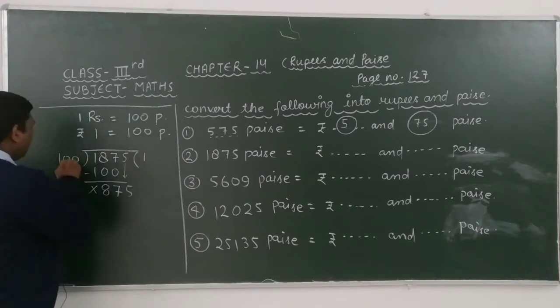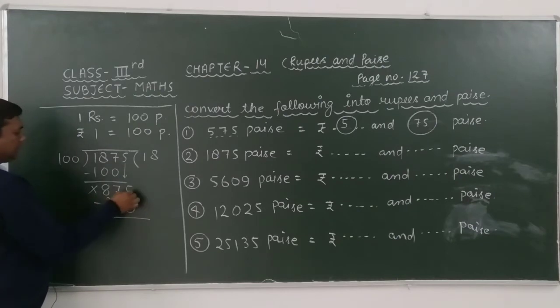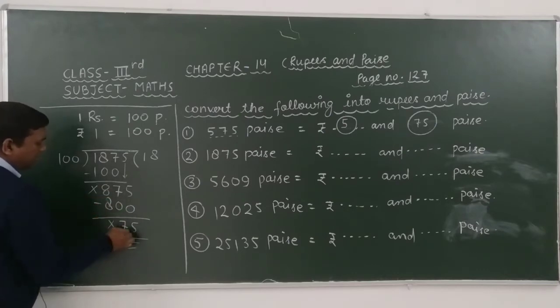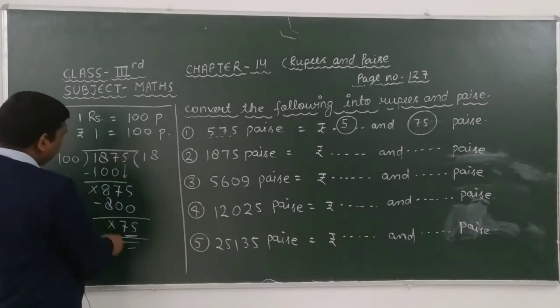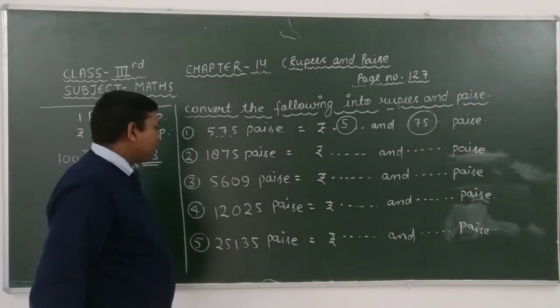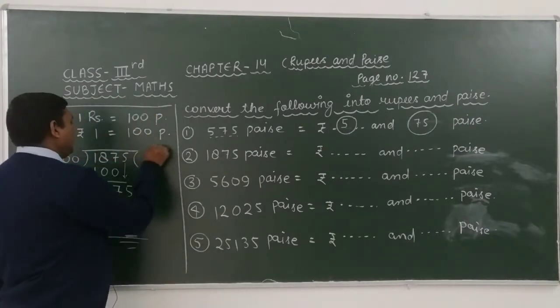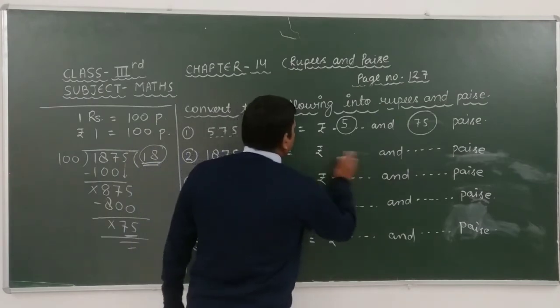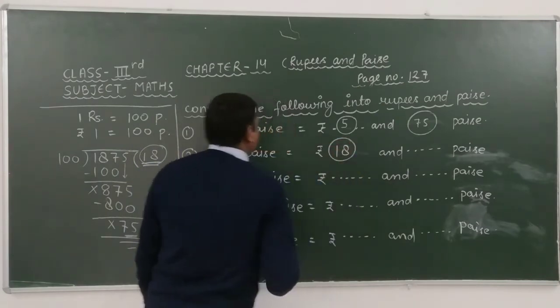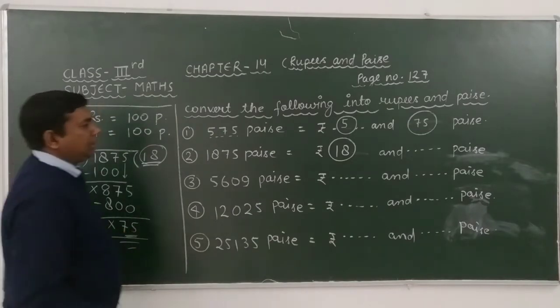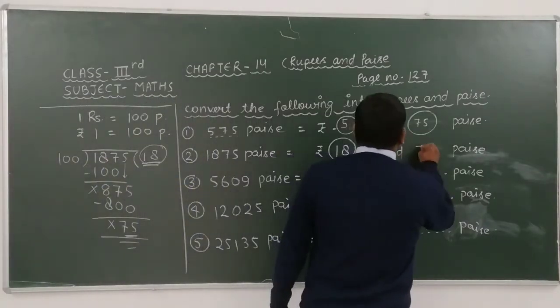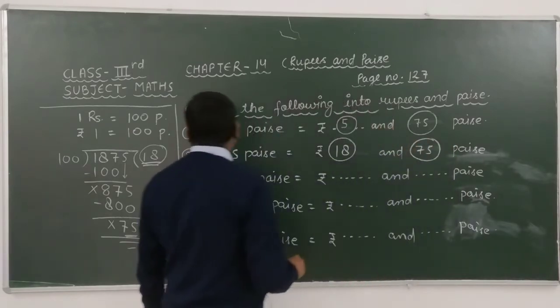Then 100 eights are 800. After subtracting this, we get 5 minus 0 is 5, 7 minus 0 is 7, 8 minus 8 is 0. It cancels out. Here we get 75. After solving, we get 18 as quotient and 75 as remainder. Therefore we take 18 in rupees and 75 in paise.